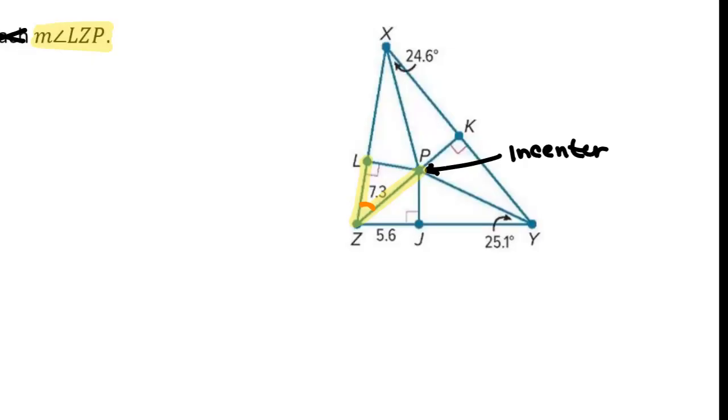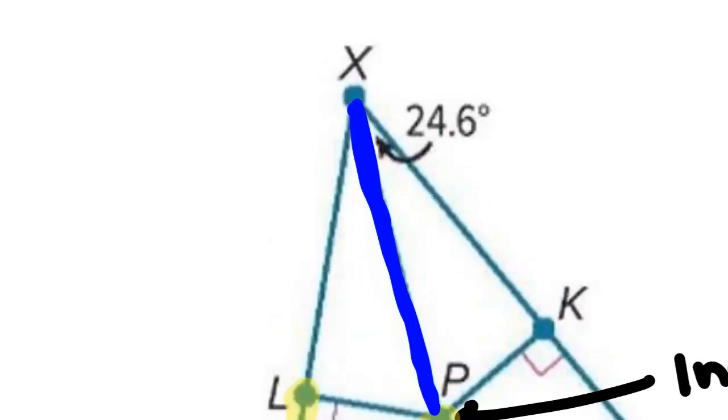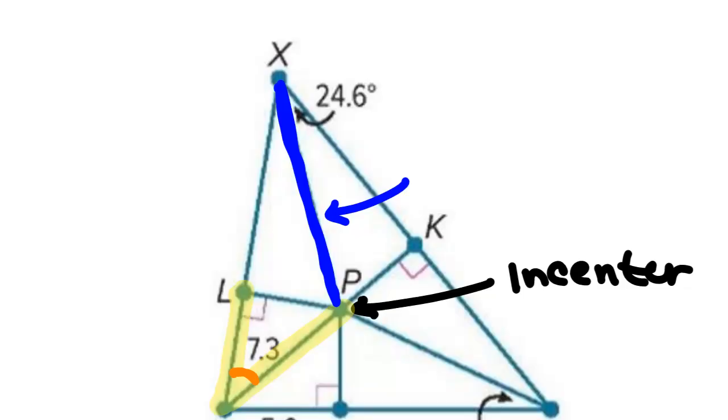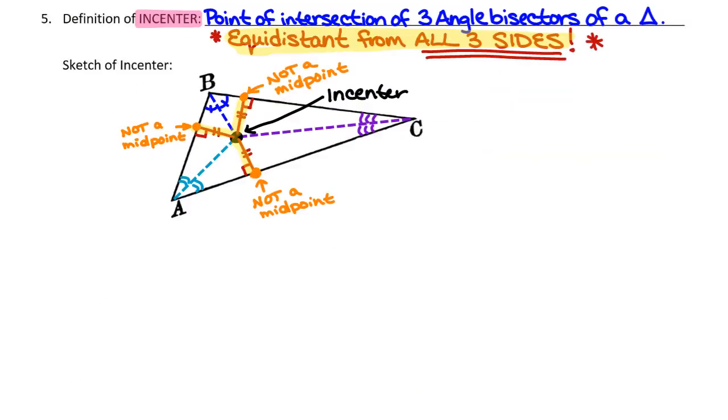Because this is the incenter, that means segment XP would be called a what? Let's go back to our definition of incenter. The incenter is the point of intersection of what?